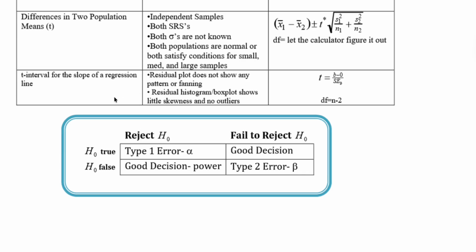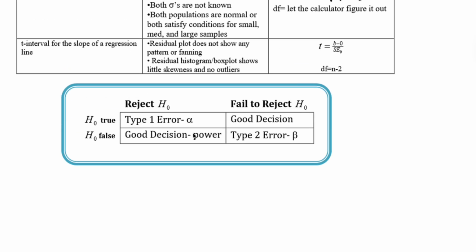Okay. And here is just a little review for type 1 and type 2 error, and when to reject or when to accept. So when the null hypothesis is true, but we reject the null hypothesis, we have type 1 error, which is alpha. When we fail to reject the null hypothesis, and in reality the null hypothesis is true, then we're fine, we're making a good decision.